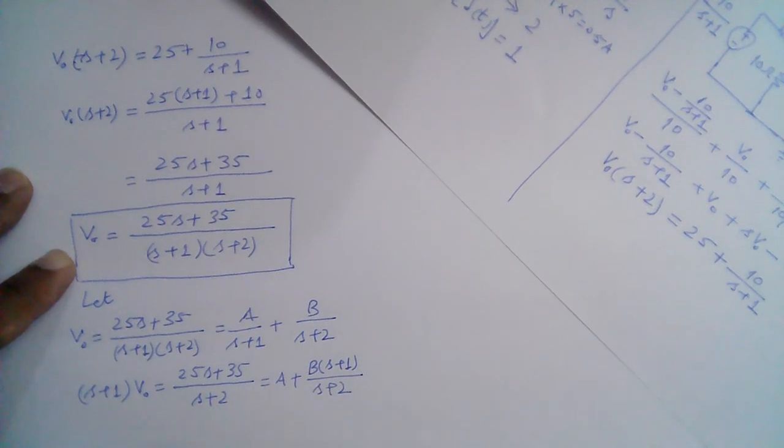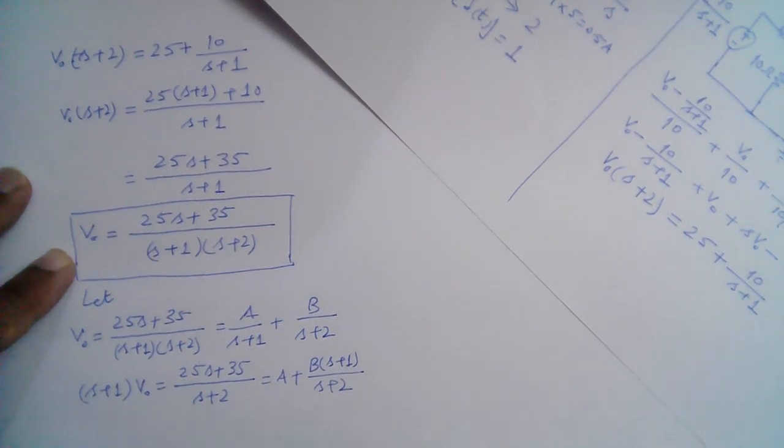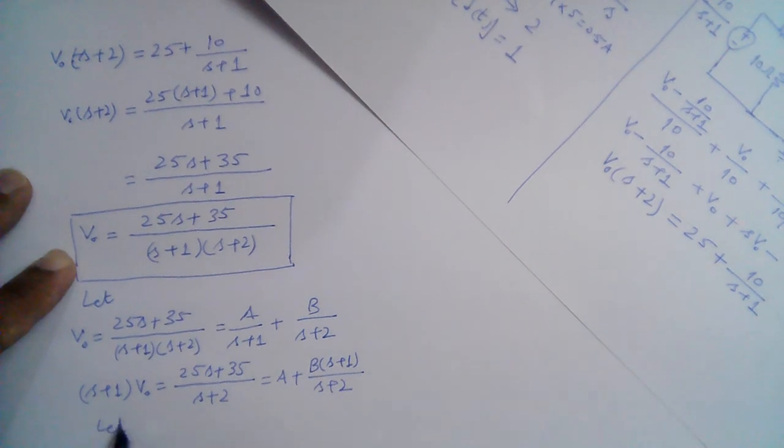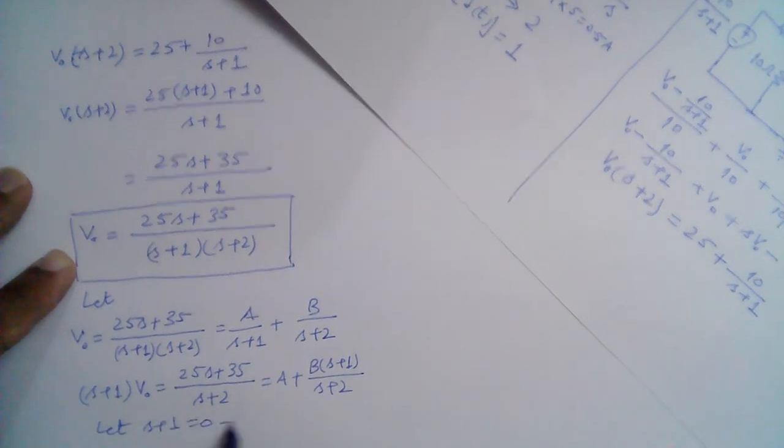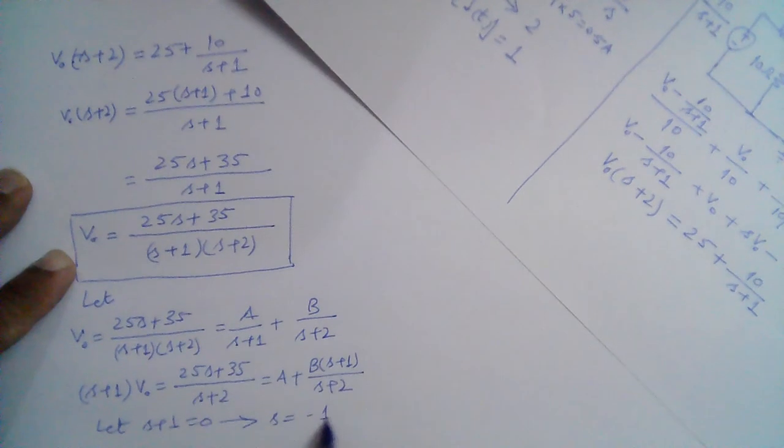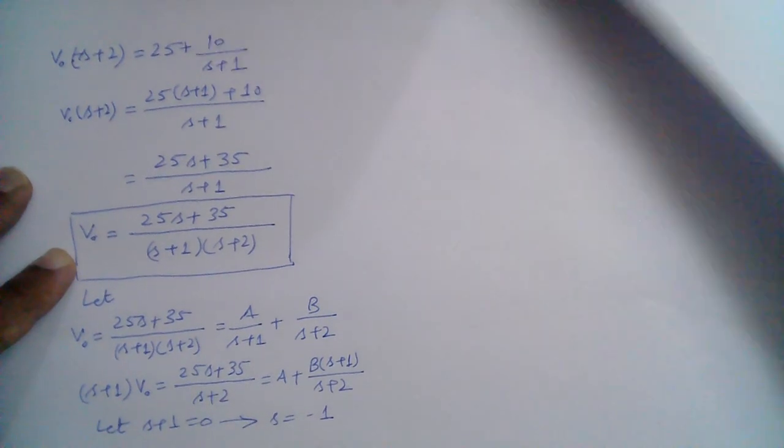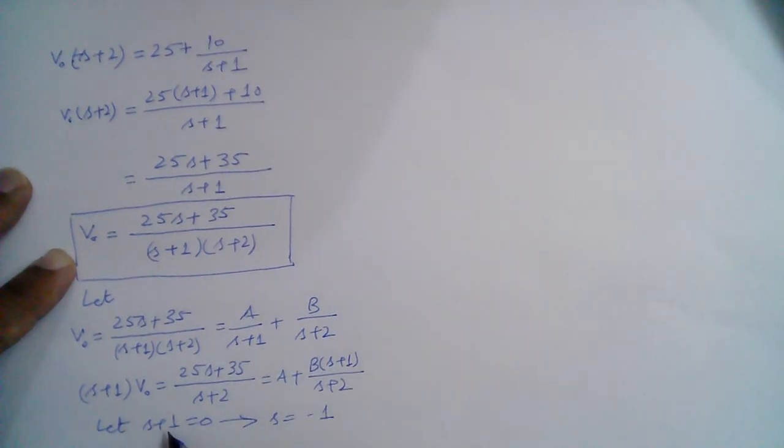Now if we let S plus 1 is equal to 0, that is S is equal to minus 1, this term will disappear, right? And we will be able to find A then.